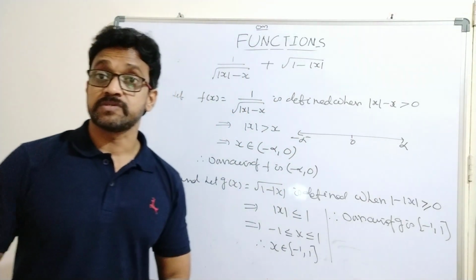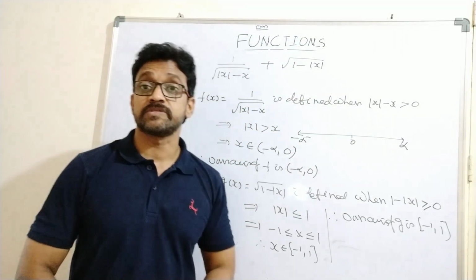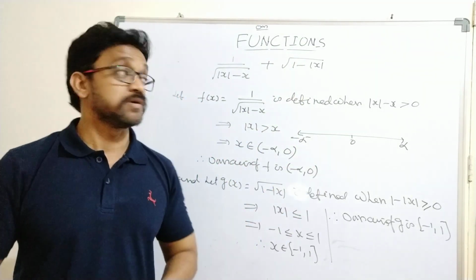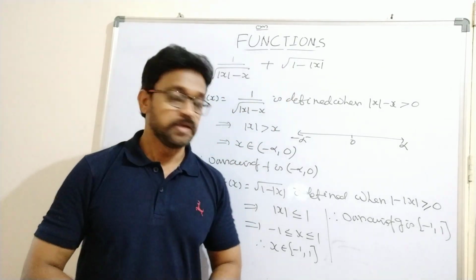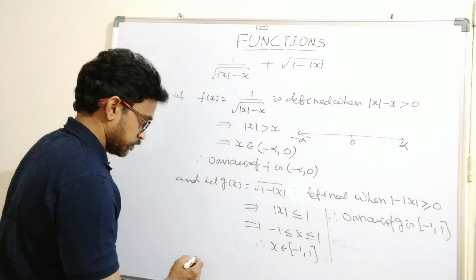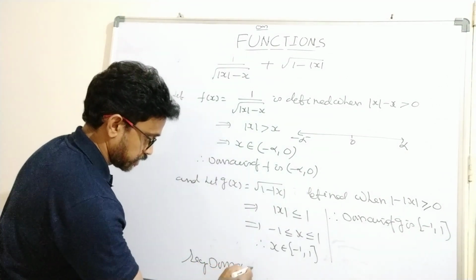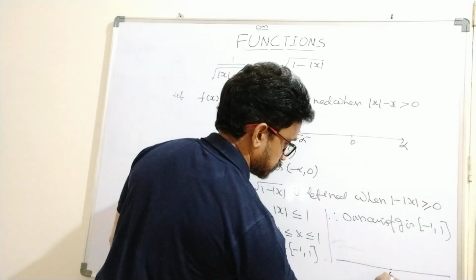What I told in the last class: the domain of the sum of two functions means identify the common part of the domains of each function. That is our domain of the function. So the required domain, observe here, we should take the real line.